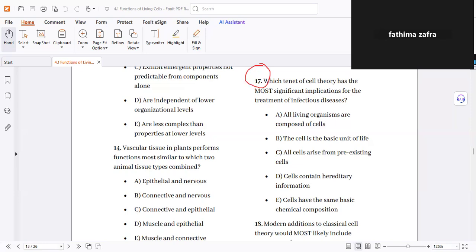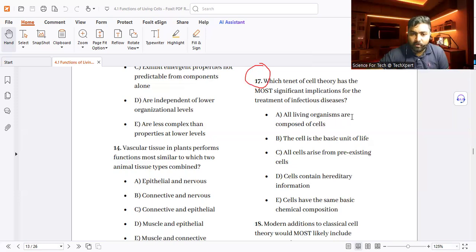Sir, for this first one, is it the A answer? All the organisms are composed of cells. Which tenet of the cell theory has the most significant implication for the treatment of infectious diseases? All living organisms are composed of cells, basic unit of life. All cells are derived from pre-existing cells.